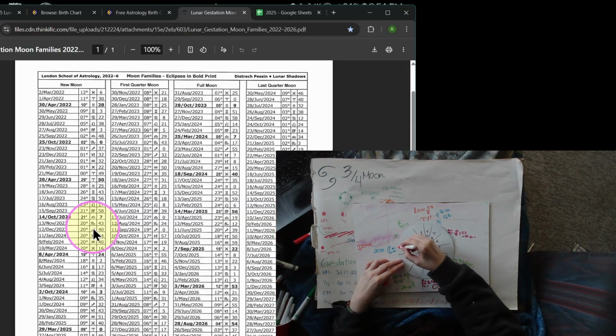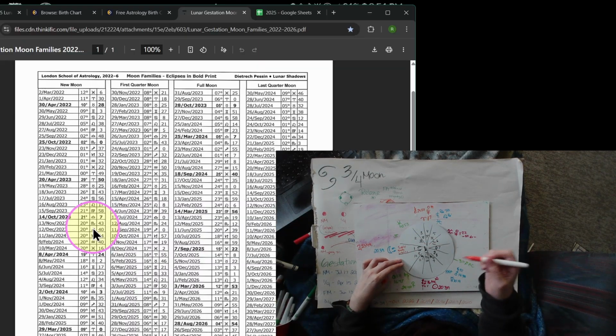Okay, so the first house is about self: body, vitality, and then self is like appearance, character, personality, who you are, how you show up.